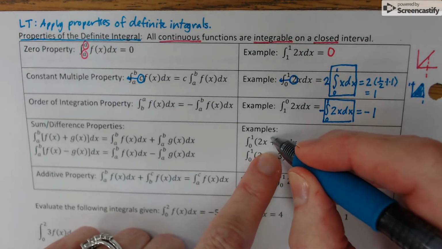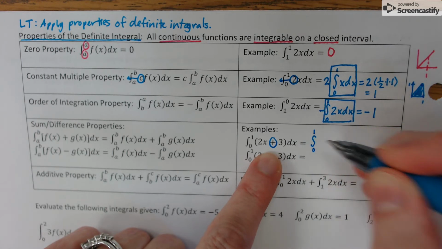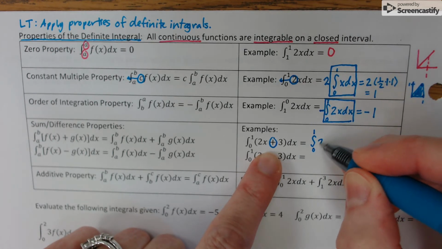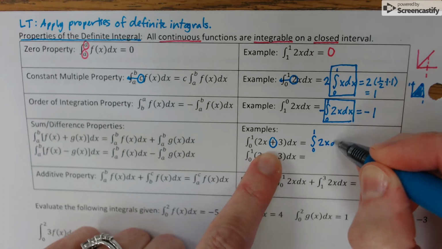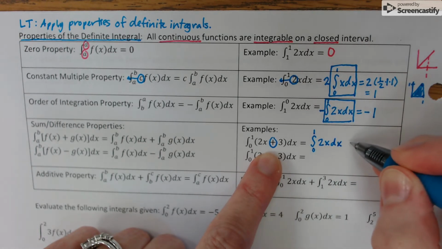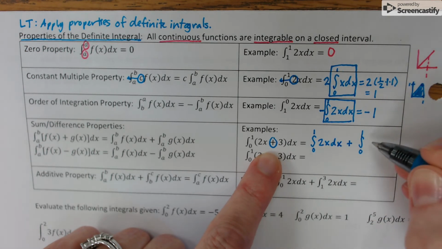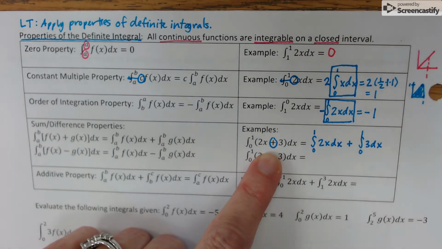So we can separate it right where the plus is, meaning that each of the functions is now in its own integral from 0 to 1. So it becomes the integral of 0 to 1 of 2x dx. Then you keep the sum, and we still have the same limits, and now this one is just the integral of the 3 dx.